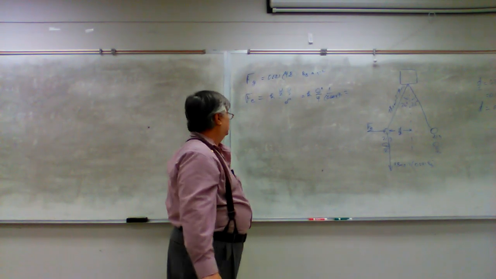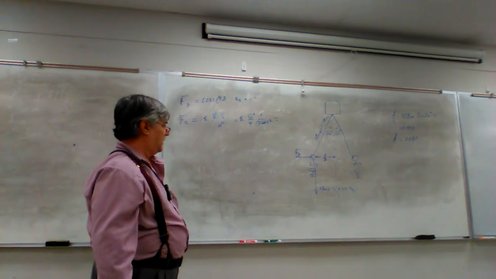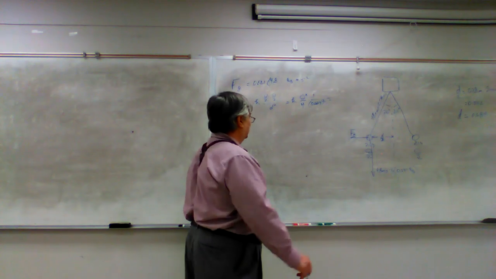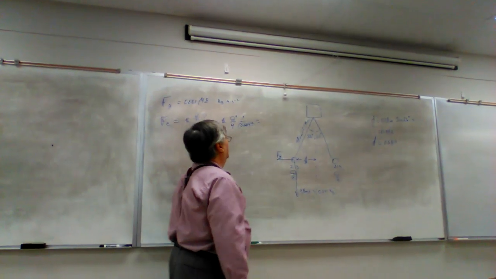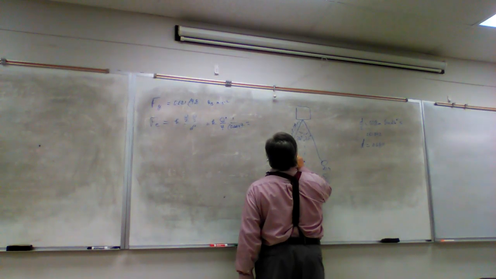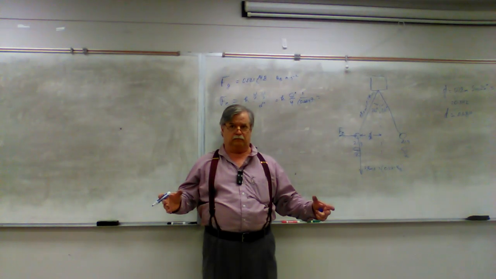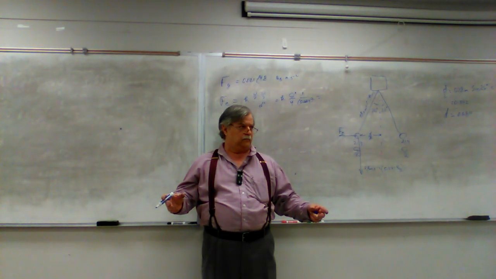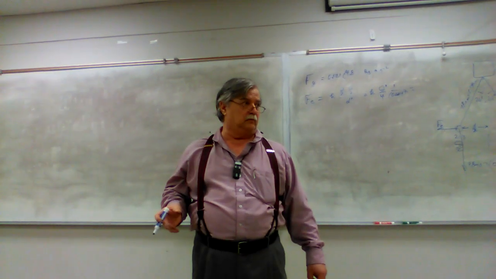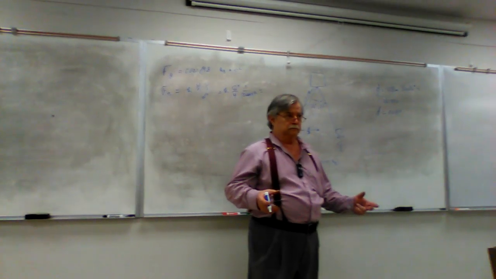But we don't really have any way we can solve that, not yet. But we do know that there is a third vector, because these balls are not moving. They're stationary. And that means that the sum of the forces must be 0, because their speed is not changing.